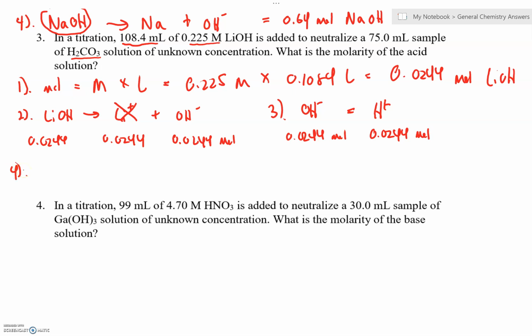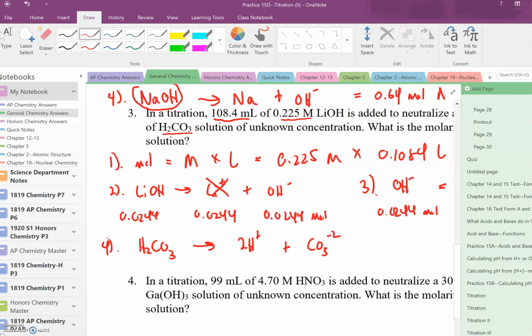Okay, turn your brains on. Here is where things might get a little dicey, so you want to take it slowly. And you know that you have 0.0244 moles of H plus, and you're getting it from here. This is how important this is. Look at me, everybody.